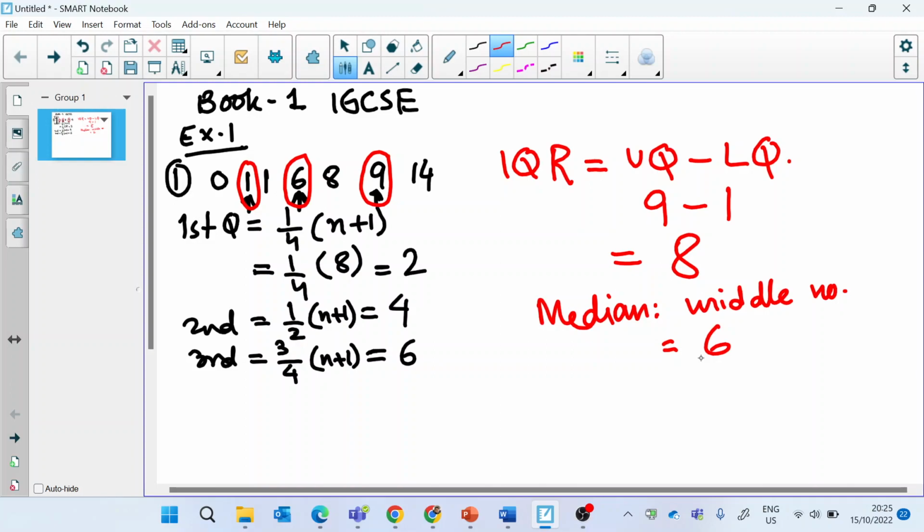This is how we find the interquartile range. This one is called the upper quartile, this one is called the lower quartile, and the difference between the upper quartile and the lower quartile is the interquartile range.